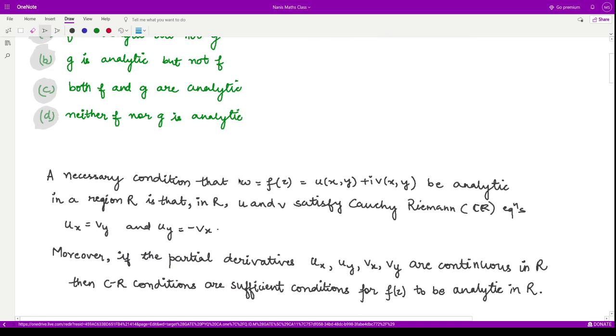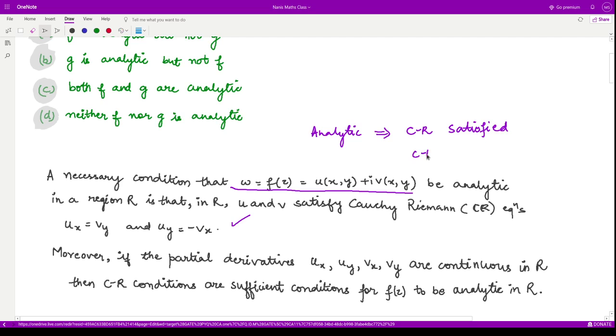So we say any complex function omega of this form, right? This is an analytic function. If it is an analytic function, what we are saying in effect is that the Cauchy-Riemann equations are satisfied.